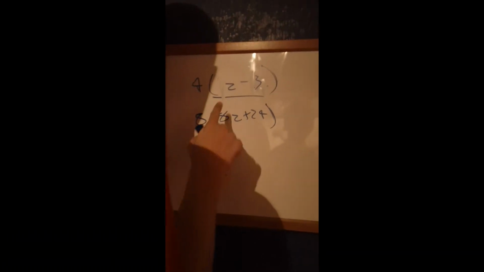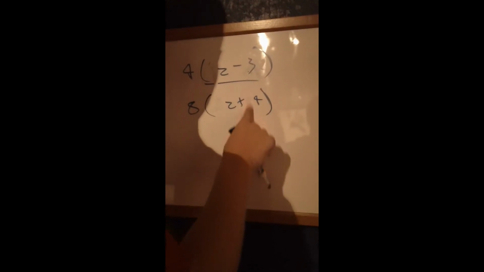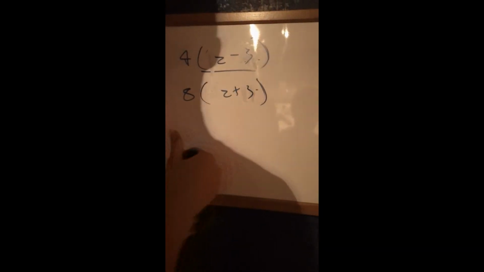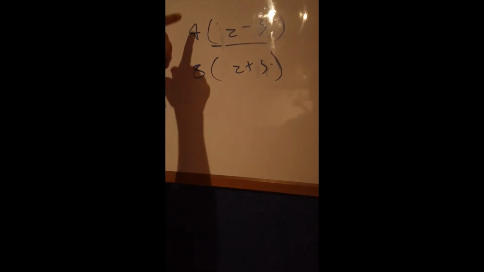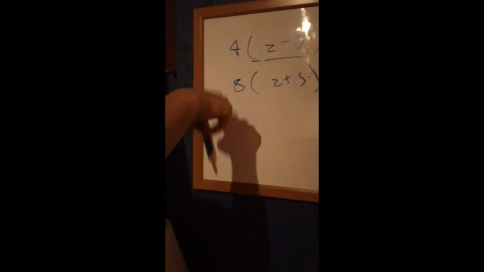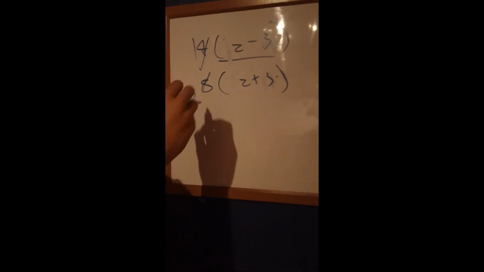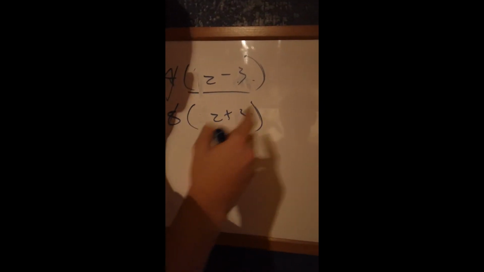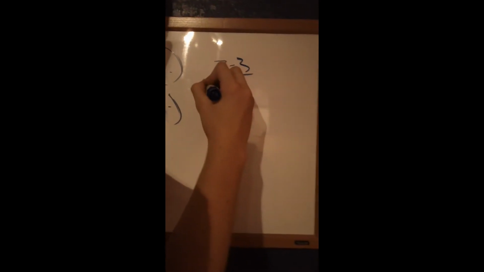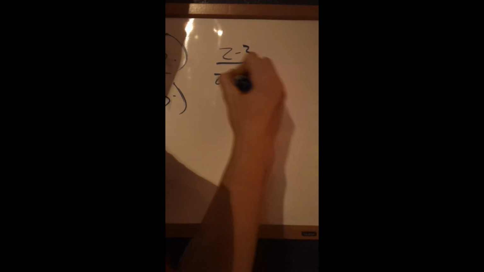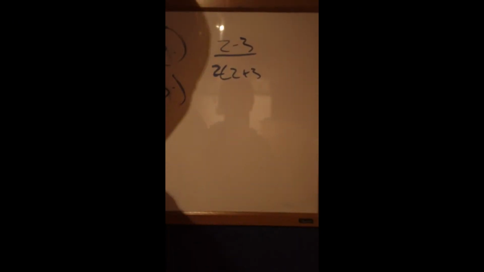Pull out the 8. Changes this to a 1, changes this to a 3. Now, since these are separate from the binomial, you can cancel these. So this becomes a 1, this becomes a 2. You cannot cancel these because they have opposite signs, so you're going to have z minus 3 over 2z plus 3. And that's it for that.